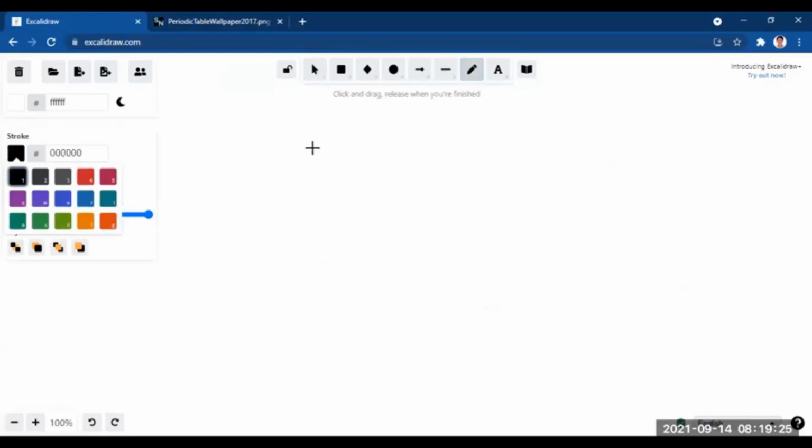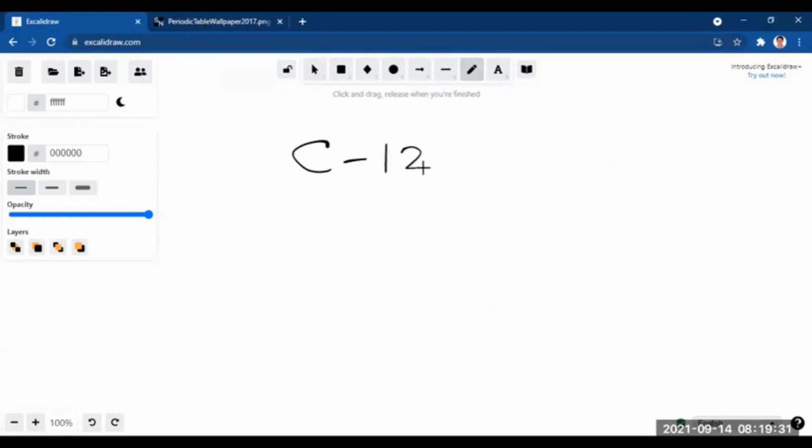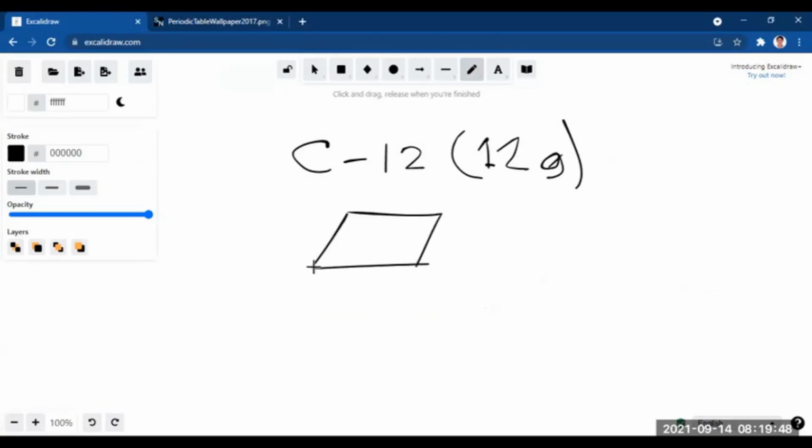So we have carbon-12, 12 grams of this carbon-12. Let's say we have this one. This is amounting to 12 grams of carbon-12.